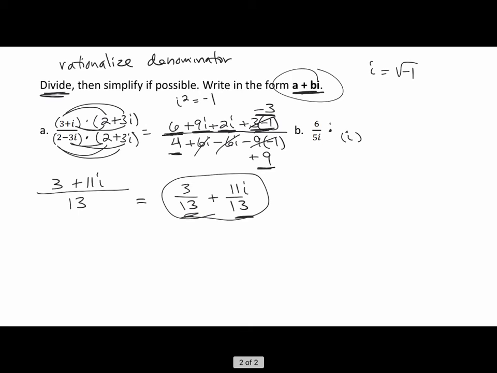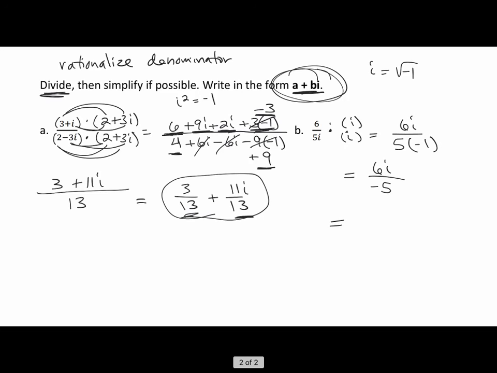So I'm going to multiply the same thing to the numerator. In the numerator, 6 times i is 6i. In the denominator, 5i times i is 5 times i squared, which is -1. So in the numerator, just 6i. In the denominator, 5 times -1 is -5. But this needs to be written in the a plus bi form.